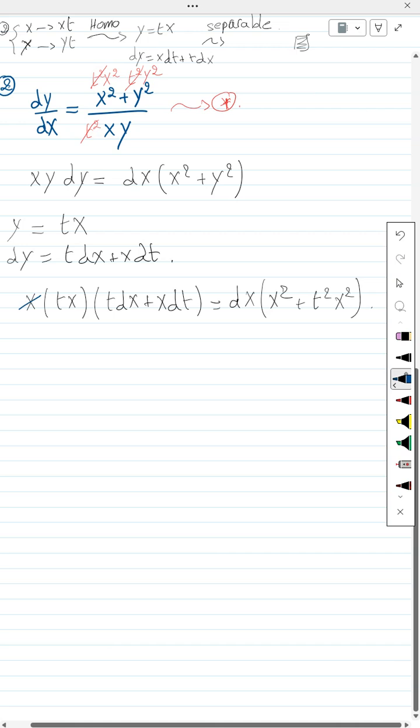We have some simplification, x and x squared with this x squared and this x squared. We are going to end up with t squared dx plus xt dt is going to be dx plus t squared dx. Another simplification, and we will end up with t dt is going to be 1 over x dx.